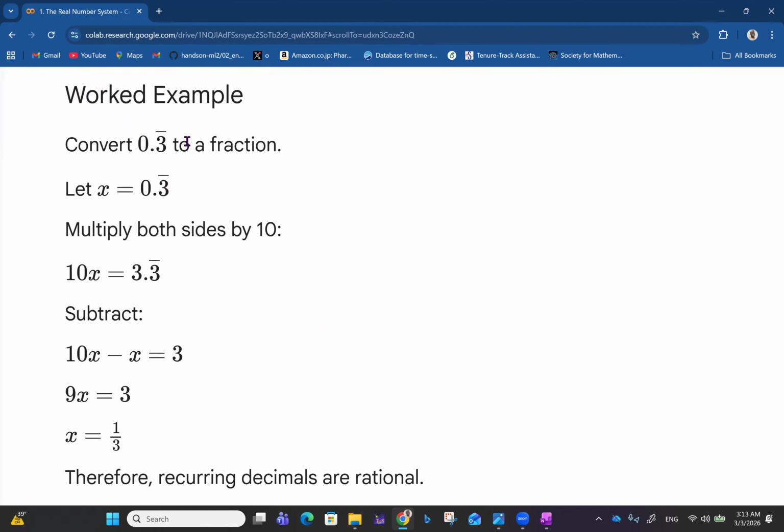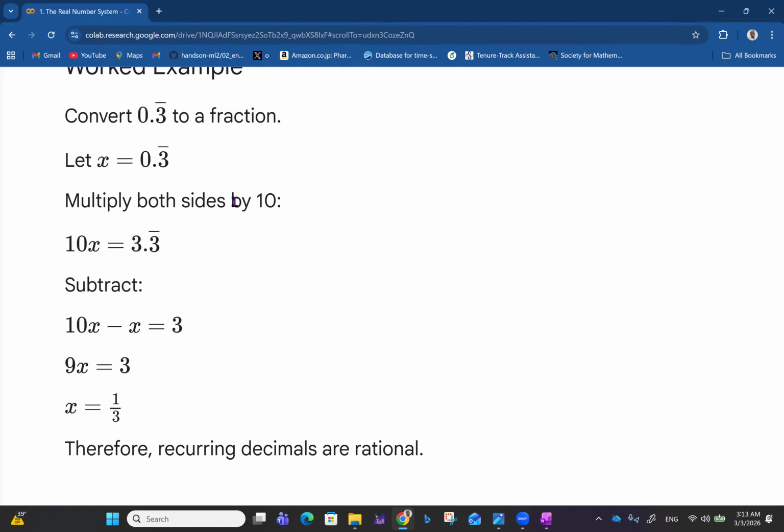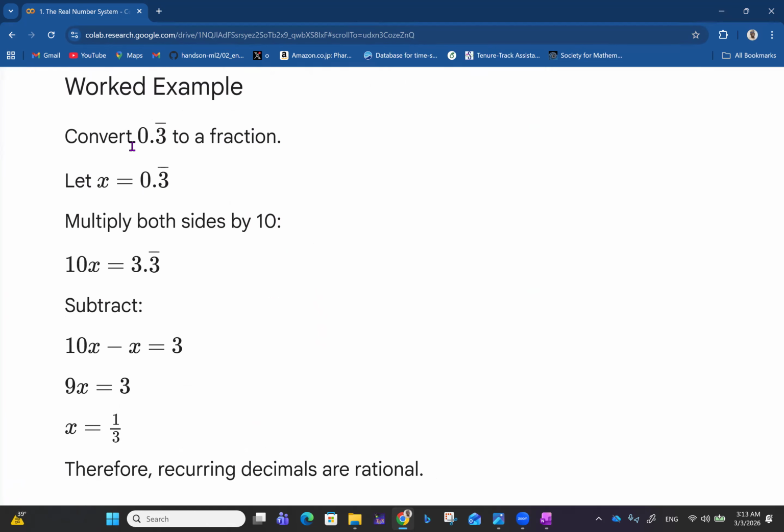So in this case, you want to convert 0.33 to a fraction. You can say let x be equal to 0.3333 like that. Then you can multiply both sides by 10.